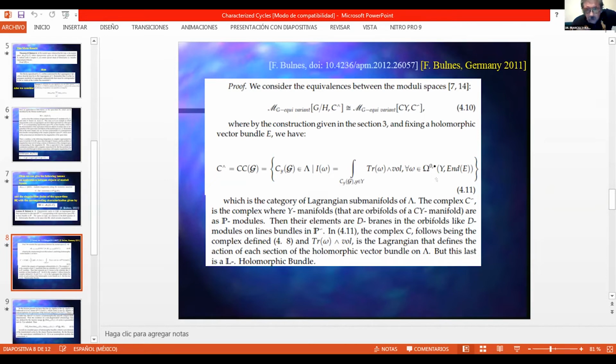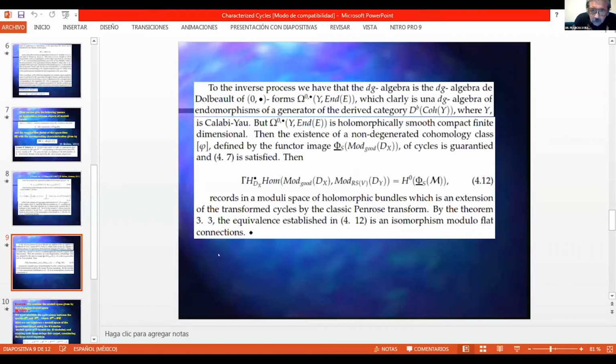algebraic modules, in which the D-branes are orbifolds, like in the models on the line bundles in the super projective space. And use the corresponding algebraic tools of the functors.